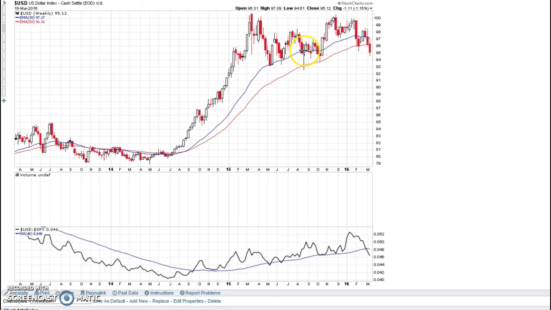At first, it seemed like the dollar was trying to form support at the 30-week moving average, and you can see a lot of retests of the 30-week moving average back in 2015.